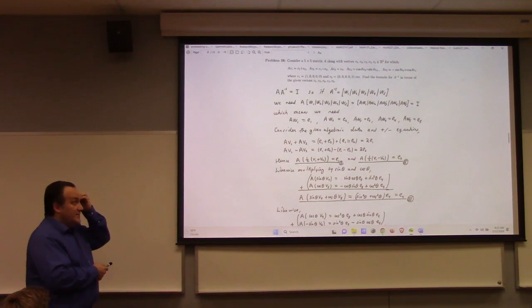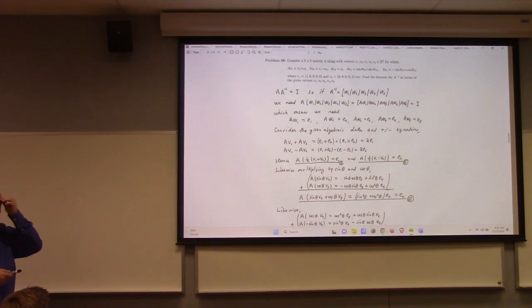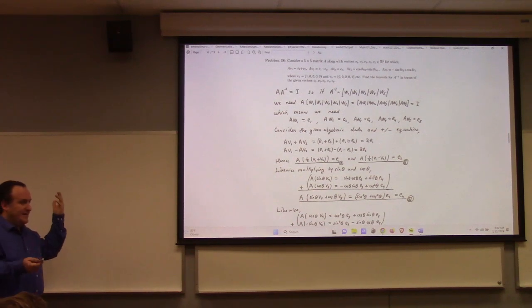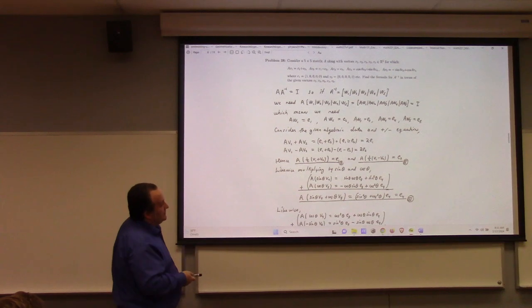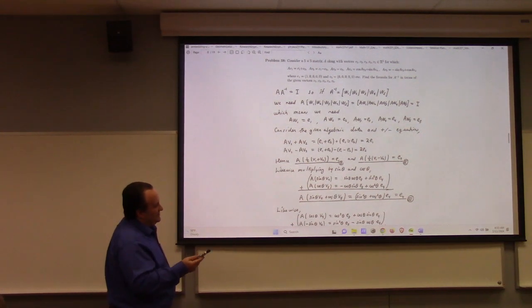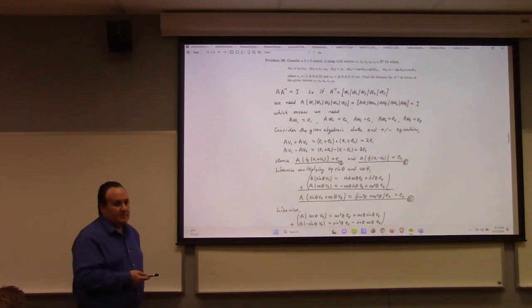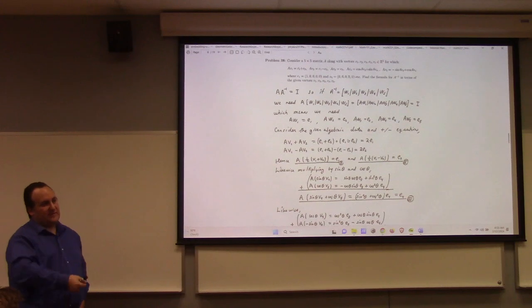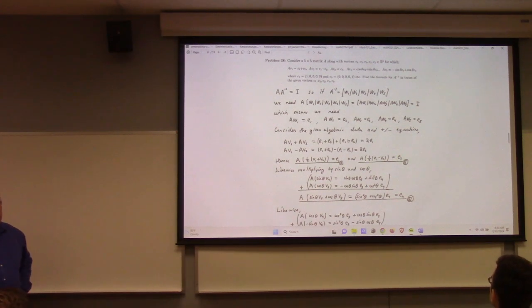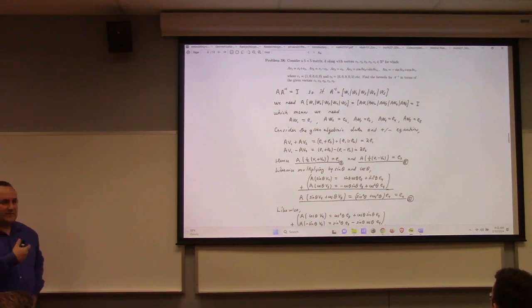I'm just calling the columns of the inverse I'm interested in W1, W2, W3, W4, W5 because they need a name. And then I just go about taking the given data and adding, subtracting, and doing various things to try to eliminate things I'm not interested in, right? I'm after just having an E1 or just an E2, just an E3. Once I have that, then I can say, oh, well, that's my W1, that's my W2, right?